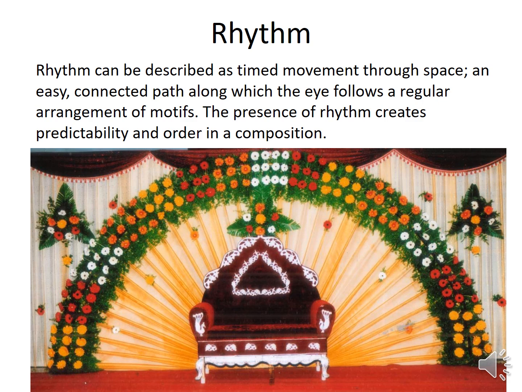Here you see the flowers repeatedly put from one end to another, and your eyes also get a good movement. So this is the characteristic of rhythm. Rhythm is everywhere: in nature, in pictures, in poems. You can see the applications of rhythm everywhere. So this is one of the important principles of art.